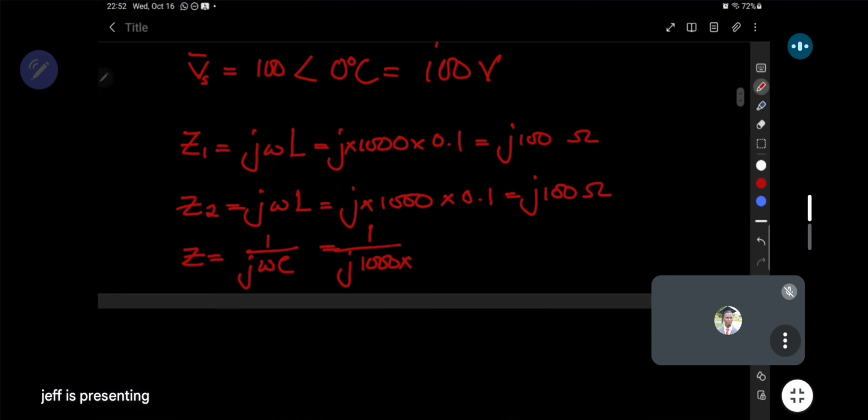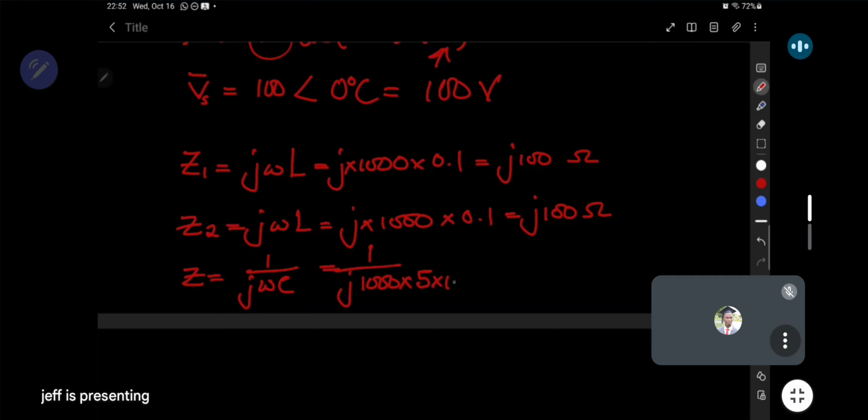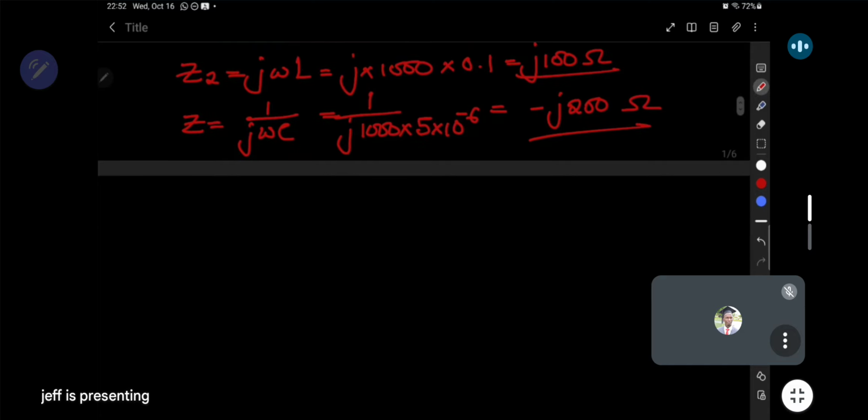So 5 microfarads interprets to 5 by 10 to the minus 6 there as our expression. So now we just have to simplify this expression. Here when we simplify, we get minus j200. Okay. So we now have the corresponding impedance values.